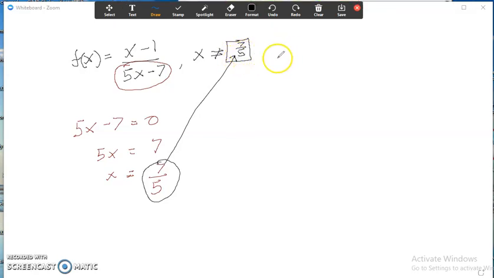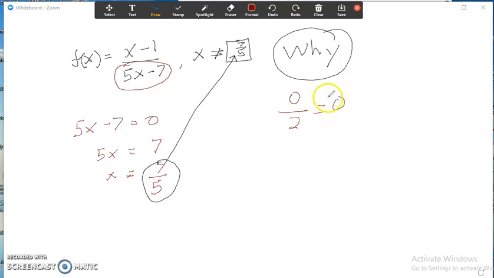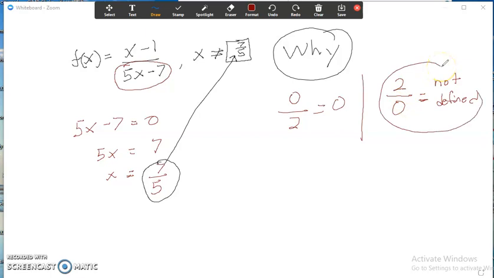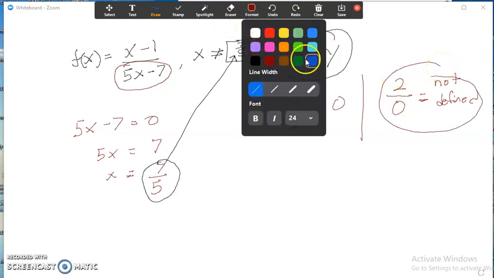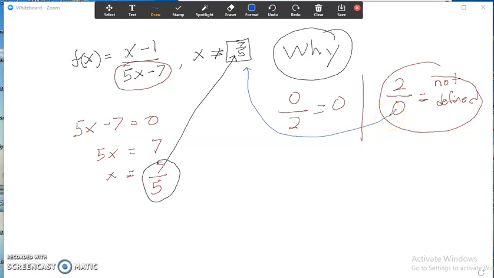Why is this? The reason is when you divide 0 by a number, you will get 0. But when you're doing the opposite way, like 2 divided by 0, you will get not defined. So this is the reason why we have to make this statement. You got it?